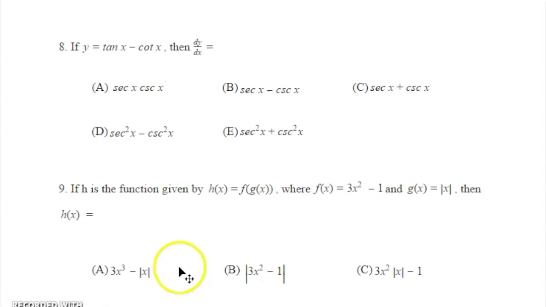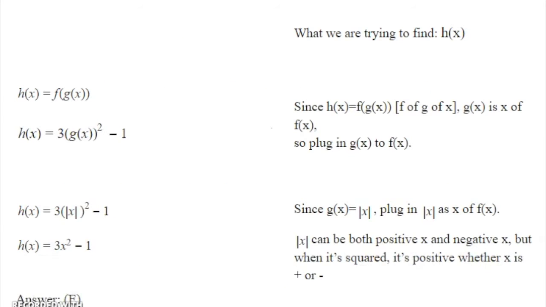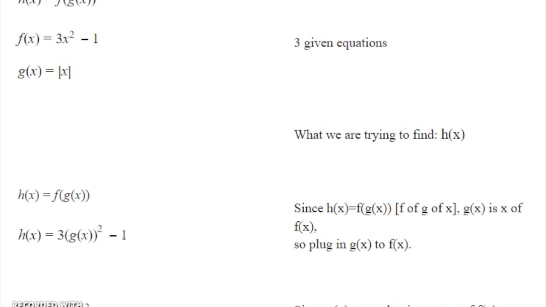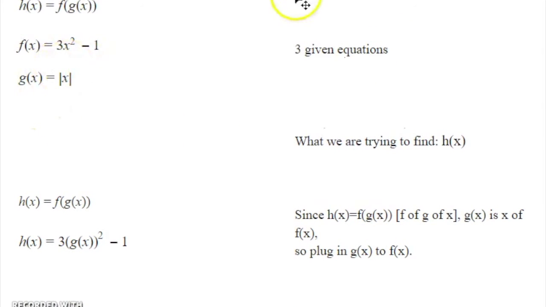For number 9, if h is the function given by h of x equals f of g of x, where f of x equals 3x squared minus 1 and g of x equals absolute value of x, then h of x is. For number 9, we are given 3 important equations, and we have to use this to find h of x.